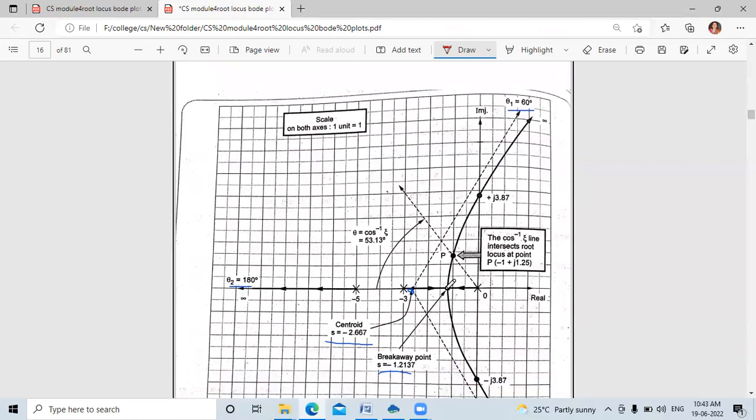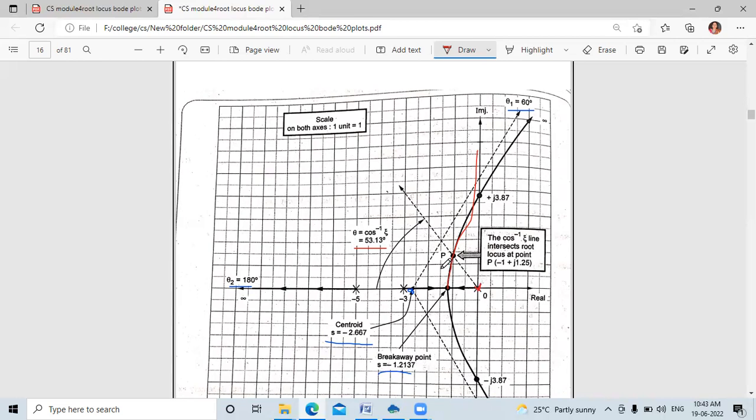Now first mark the value of theta from here. Take a compass, keep it at 0 and mark the value of theta, that is 53.13. After marking the angle, it is joining the breakaway point. The breakaway point is plus j 3.87 and minus j 3.87 and s equals minus 1.2137.